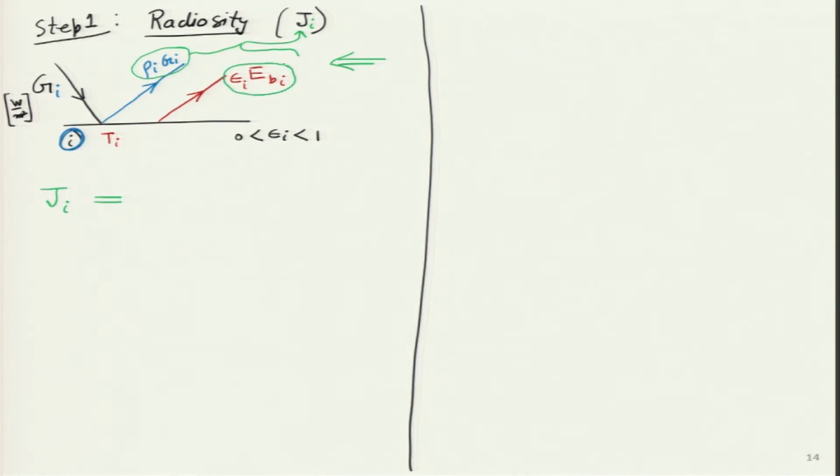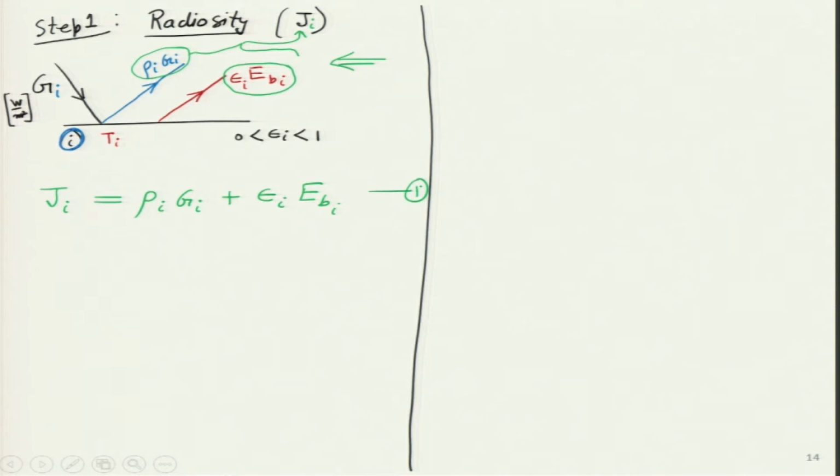So J I is simply rho I into G I plus epsilon I into E B I, and this I will write as equation number 1.